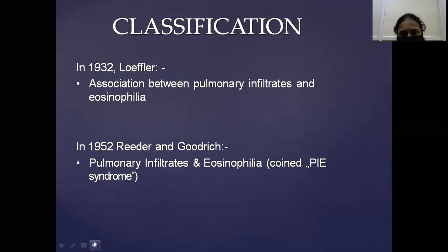Then, coming to the classification of pulmonary eosinophilia. In 1932, Loeffler first identified the association between pulmonary infiltrates and eosinophilia. In 1952, Reeder and Goodrich coined the term pulmonary infiltrates and eosinophilia syndrome.